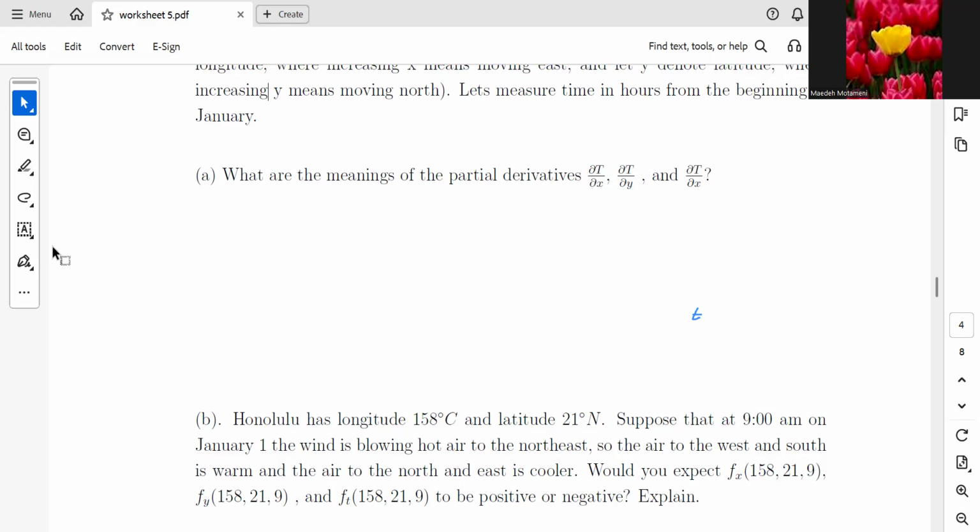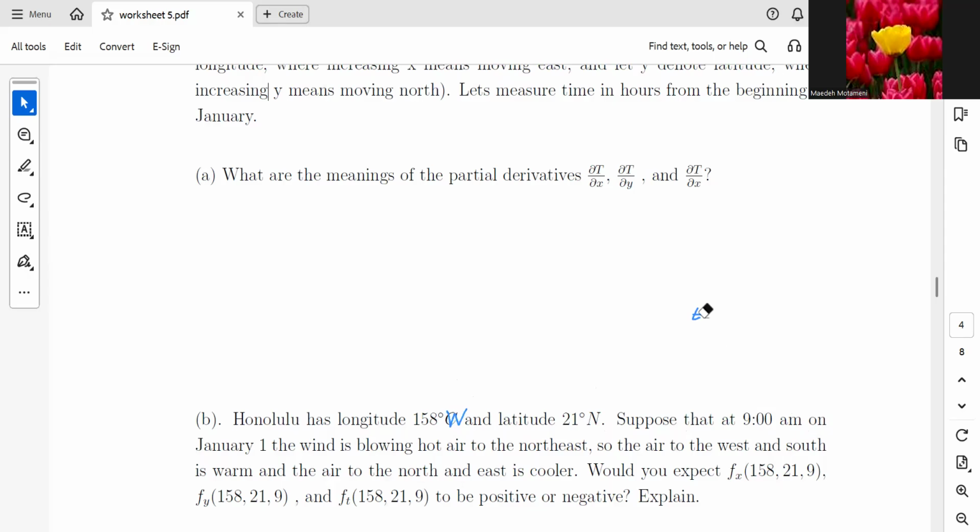So this one here should be west, not Celsius, because longitude is not about degrees of temperature. Okay, so again, it has longitude 158 degrees west and latitude 21 degrees north. Suppose that at 9 o'clock a.m. on January 1st, the wind is blowing hot air to the northeast.